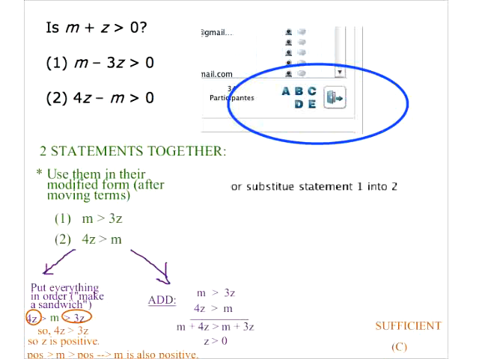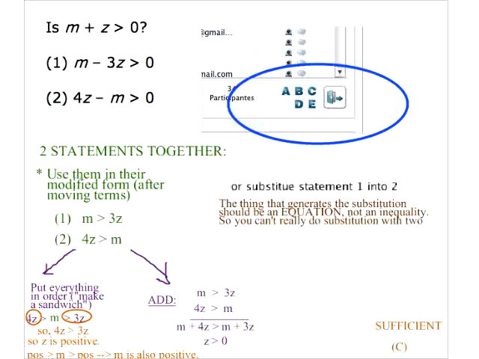The thing that generates the substitution should be an equation, not an inequality, because you have to solve for something to be able to plug it in. So you can't really do substitution with two inequalities.